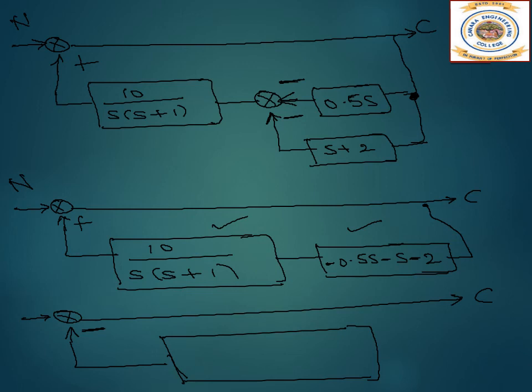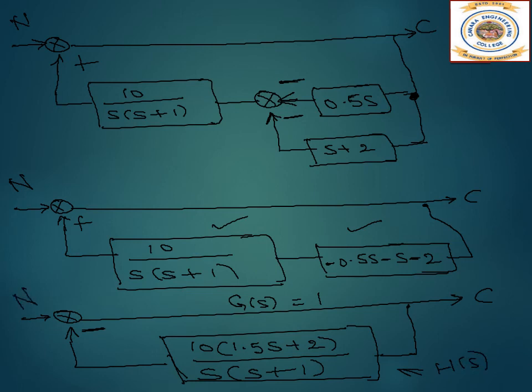So this will become 10 into minus, yeah, 1.5s plus 2 divided by s into s plus 1. So we get it this way. Now over here, see, G of s in this case is 1, and this will be H of s.